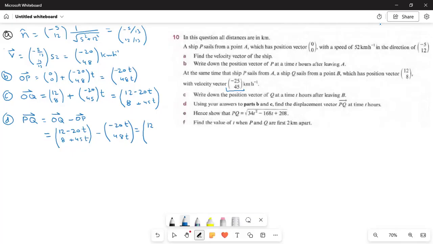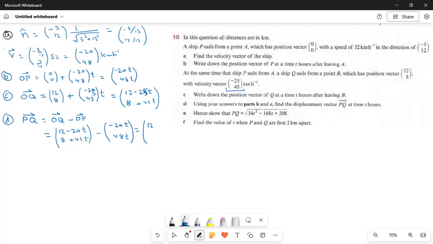Oh my God, I made some mistake somewhere, I guess. Why is it 20? OQ. Yes, this is 25, and 45. Yes, so this is 25. Sorry about this.